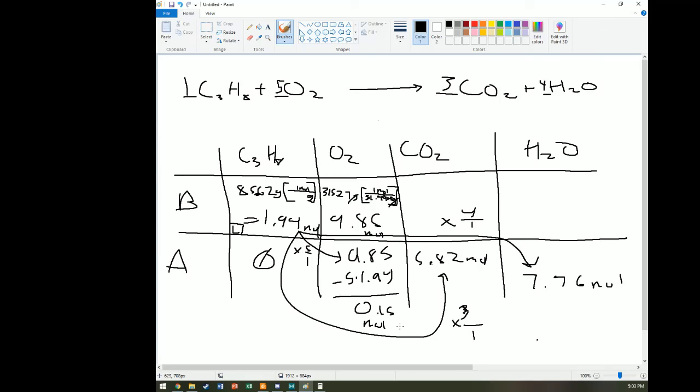Key takeaways: always first write your balanced equation, then convert everything into moles from whatever you have. You can use dimensional analysis, or what I call conversion factors, or you can memorize the formulas, or however you get there, just get there. Then remember that it's just ratios.